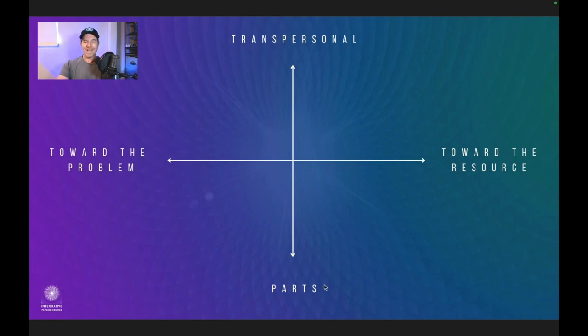The other thing I would like to say is, of course, from an IFS parts perspective, part of what makes IFS work, and our ability to work with parts, is some accessing of a transpersonal experience.